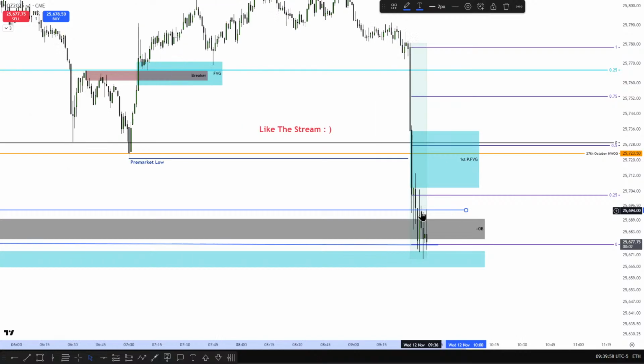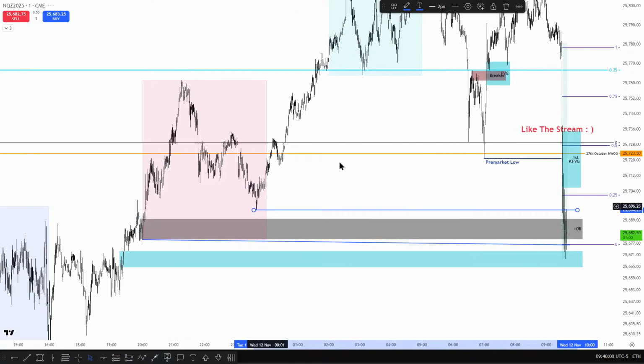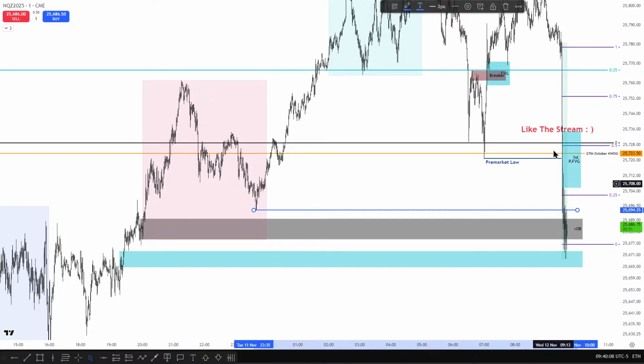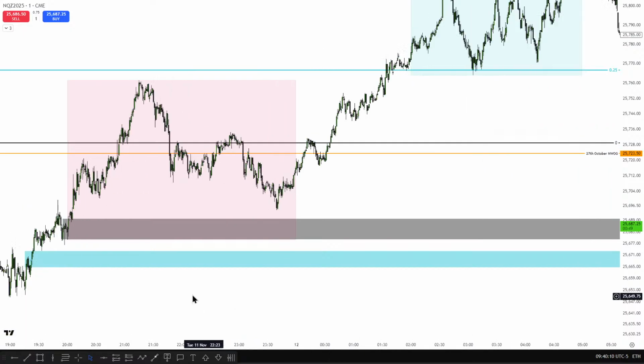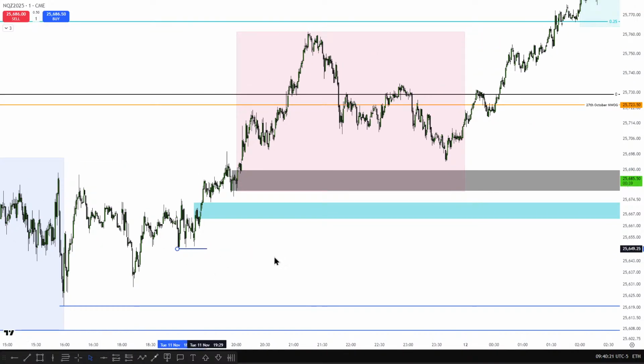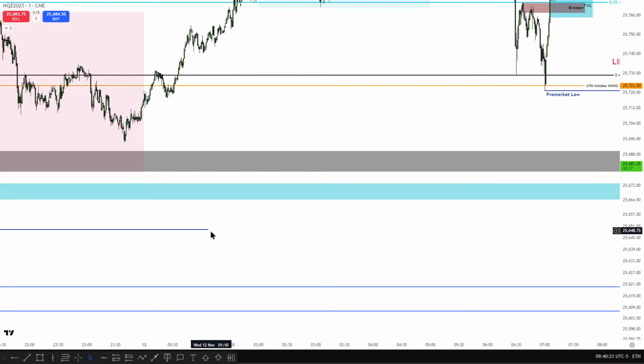Okay, I'm gonna take this off. Why is this wonky? Damn. I was looking at it wrong the entire time. Okay, if we're fading these relatively equal lows, which are inside a gap, and we just ignore those, then that's strength.